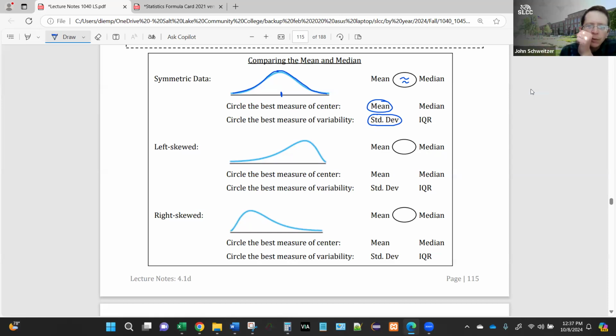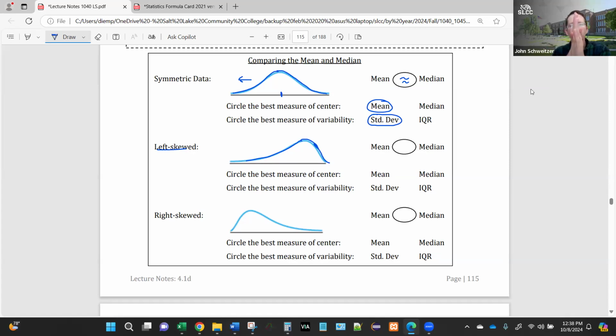Okay, so left skew. If we imagine pulling on the left end of the distribution, then it goes longer on the left, shorter on the right. So what happens to our mean and our median? Look at my hands here. If you have a symmetric distribution, the mean and the median are on top of each other.